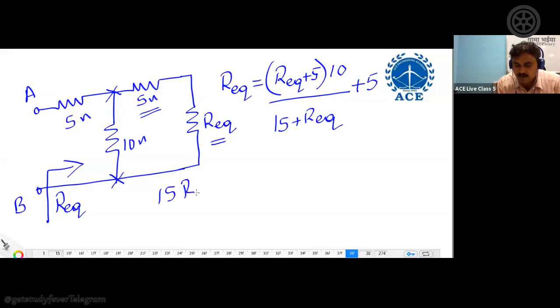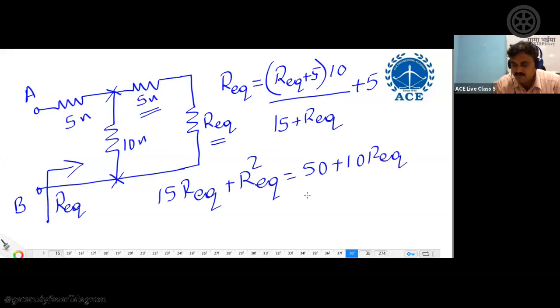15 R equivalent plus R equivalent square equals 50 plus 10 R equivalent plus 75 plus 5 R equivalent. So this 15 R equivalent on both sides will get cancelled. So you will have your R equivalent, only the positive value will come, root over 125.